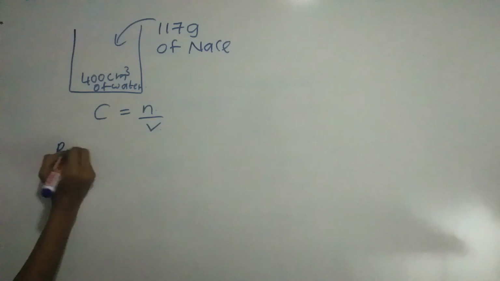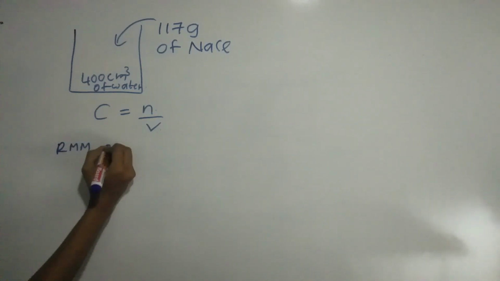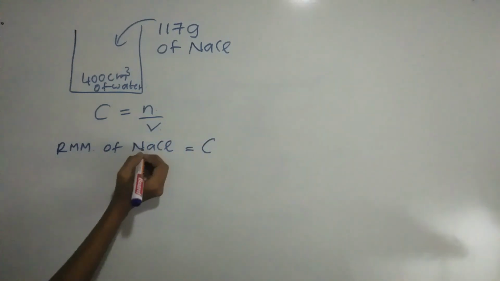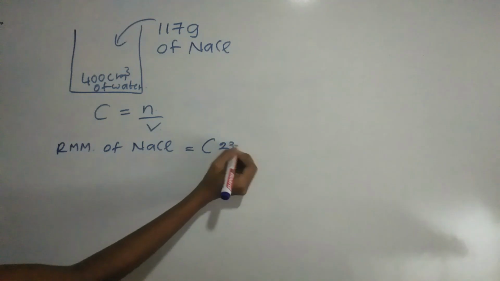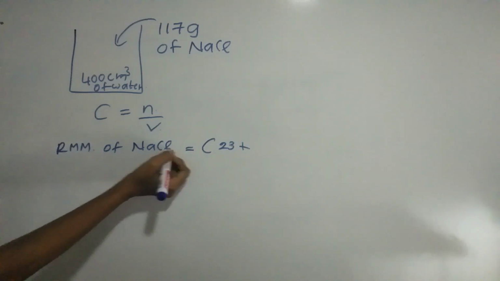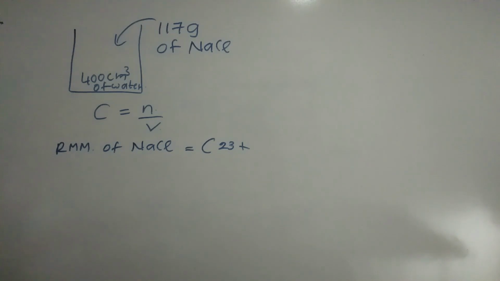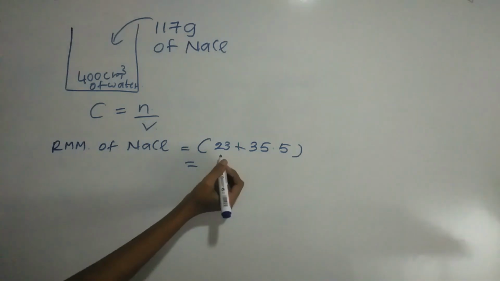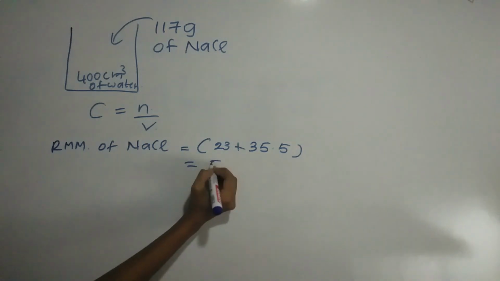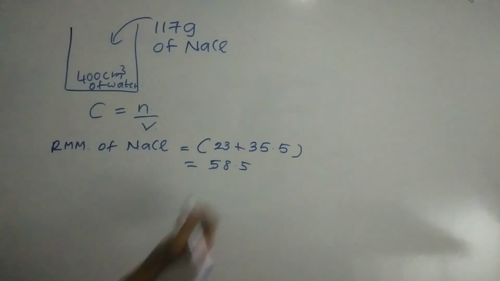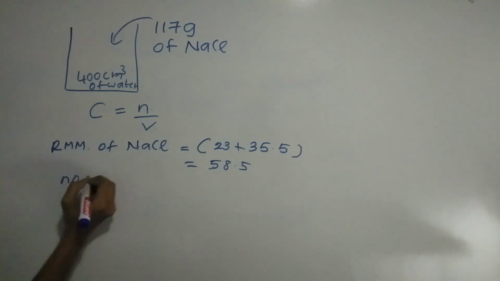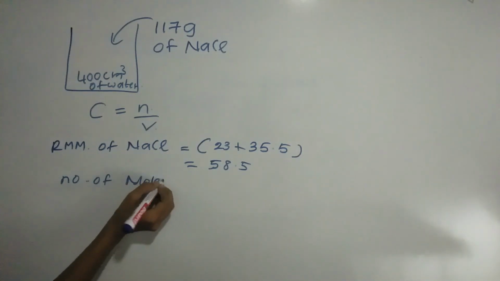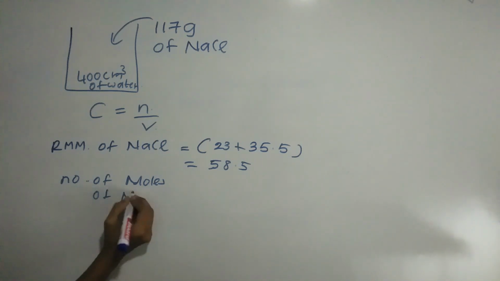First we are going to find the relative molecular mass of NaCl. The relative atomic mass of sodium is 23 plus the relative atomic mass of chlorine is 35.5. We get the answer as 58.5. So now we are going to find the number of moles of sodium chloride.